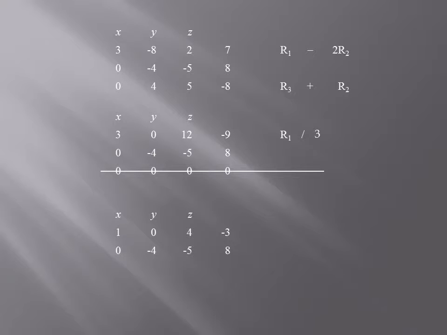The equations are x plus 4z equals -3 and -4y minus 5z equals 8. We're finished with the row operations. We have the numbers along the main diagonal not equal to 0, and we've pivoted on the numbers 1 and -4. It would be a mistake to pivot on the number -5 in the third column.